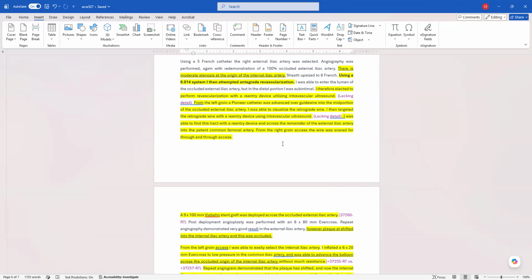Now, as far as assigning an IVUS code here, we have a statement about it here, and then two sentences later, it mentions it again about using the IVUS. When I'm going to assign an IVUS code, I'm looking for detail about the IVUS. I want to know exactly what vessel they used the IVUS catheter in, and I'm looking for measurements. I'm looking for some type of information attached to that.